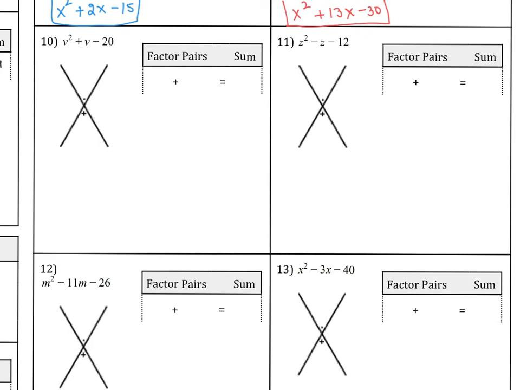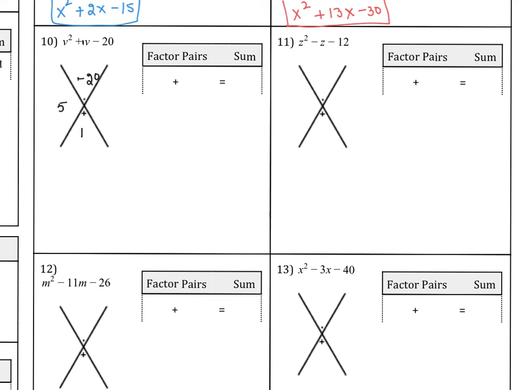Next is number 10, where the c is negative 20 and the b is 1. In front of the v there is 1. You're looking for two numbers. When you multiply you get negative 20, and when you add them you get 1.